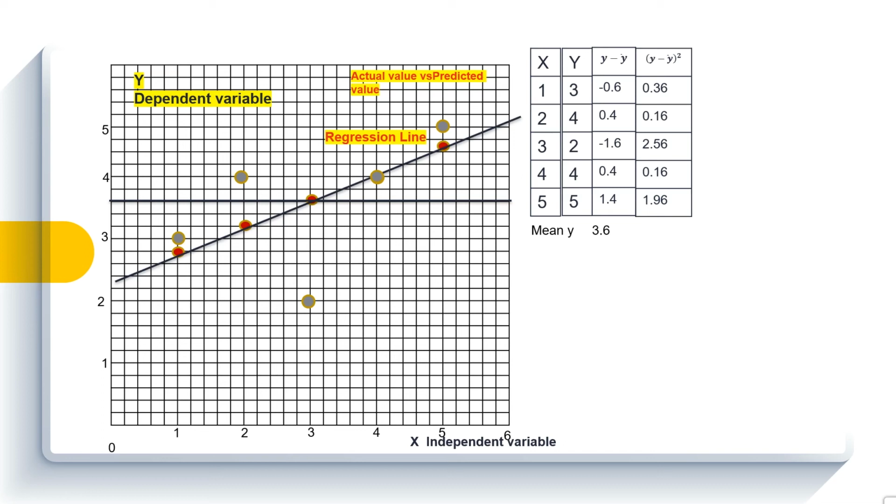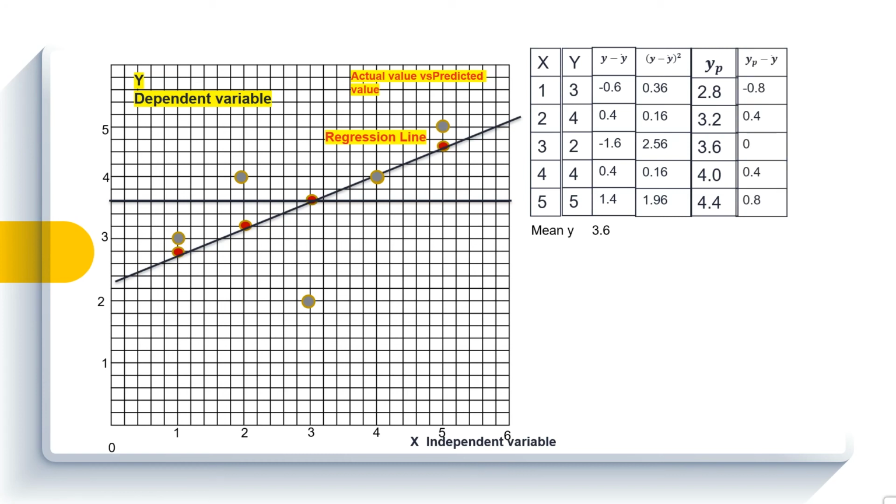Now for the other part of the formula, we need the yp minus y bar value. These are yp values, and we have to subtract the mean of y from them. So 2.8 minus 3.6 is minus 0.8. Similarly, 3.2 minus 3.6 is minus 0.4, and 3.6 minus 3.6 is 0. 4.0 minus 3.6 is 0.4.